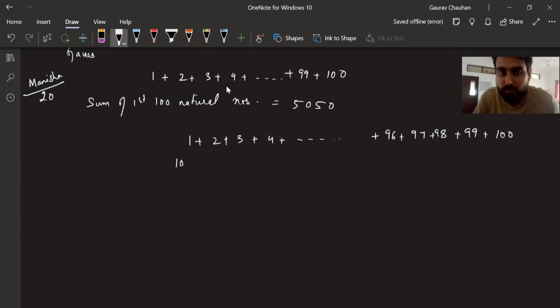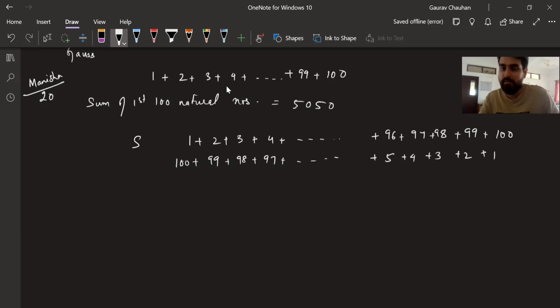I'm going to write 100 plus 99 plus 98 plus 97 and so on, and plus 1 here, plus 2 here, plus 3 here. The sum, let it be called S. I can find the addition both ways. Addition is commutative, so if I reverse the order, it does not change, right? Manisha, we good? Yes, sir.